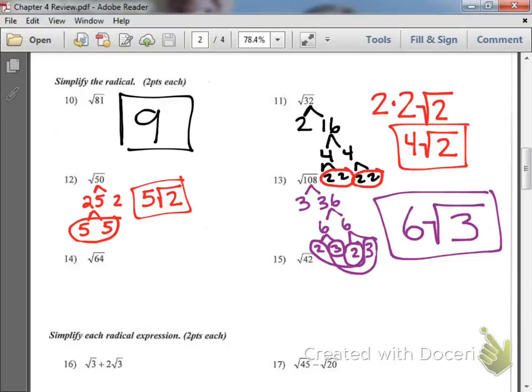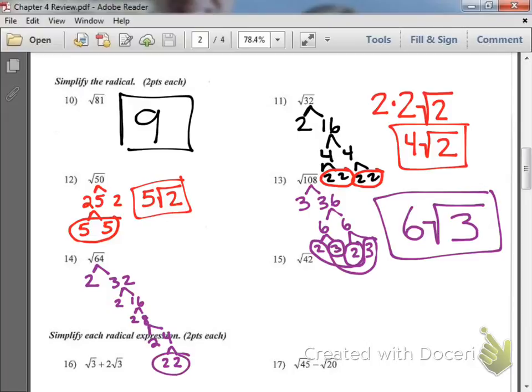Now, 64 is a perfect square, but I'm going to show you how to do it even if you didn't remember it was a perfect square. So you could do like 2 and 32, 2 and 16, 2 and 8, 2 and 4, 2 and 2.